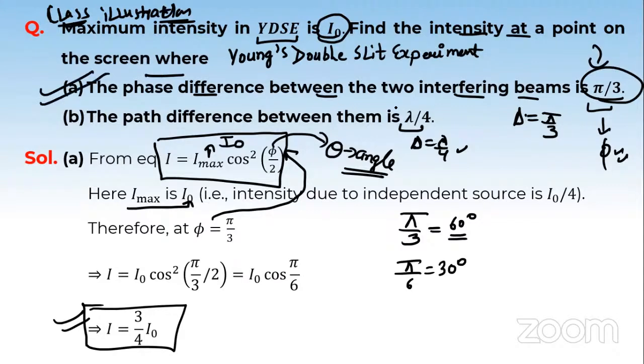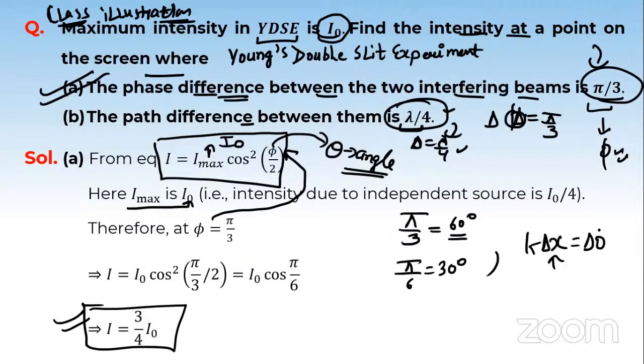For part B, we say this is lambda by 4 given, students. Phase difference was given initially, but now the path difference is given as lambda by 4. For this, we have to solve like this. We know that k delta x, that is the path difference, is equal to the phase difference. k is equal to 2 pi by lambda.